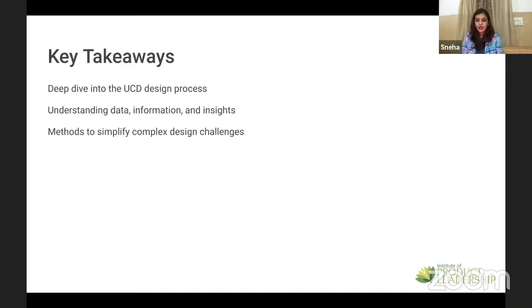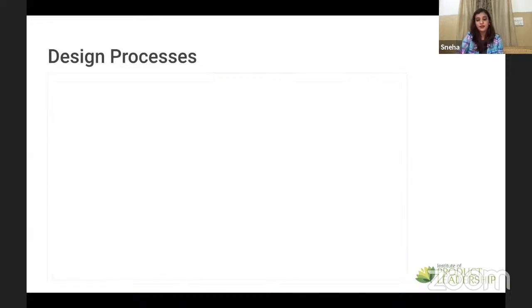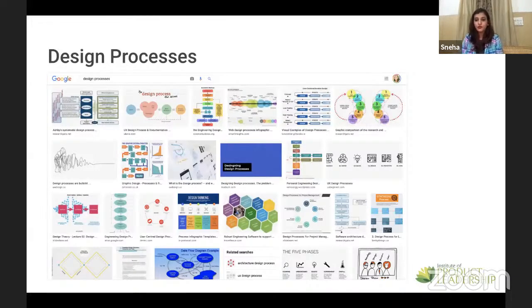To start with, I am going to share the first screen, which is basically Googling design processes. I just wrote design processes in my window and I went to the image section and there are tons and tons. And I took a picture of the two folds of design processes. And while I was looking at all of these processes, what I realized was each of them make life more complex than simple.